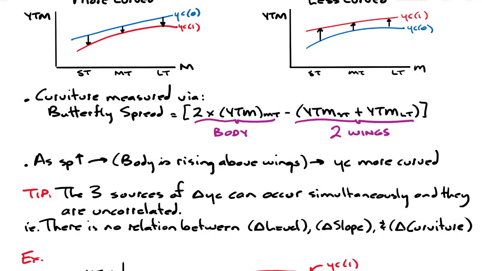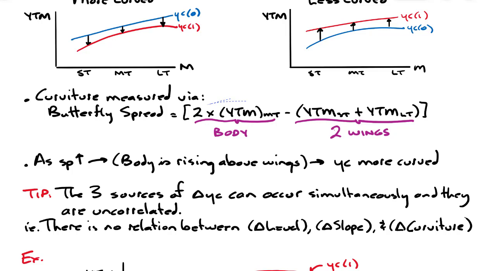Now, an increase in butterfly spread, well, it's just algebra here, right? So an increase in butterfly spread indicates that either the middle yield is increasing more, or these wings are decreasing. Or alternatively, in this case, the middle is decreasing less.